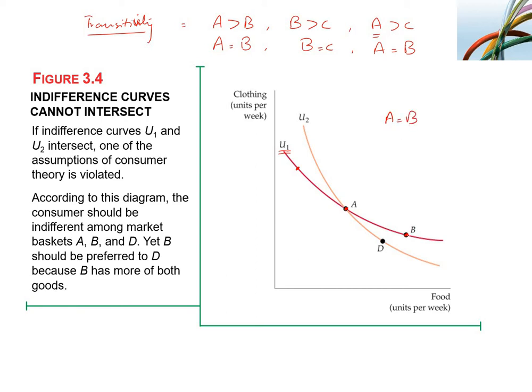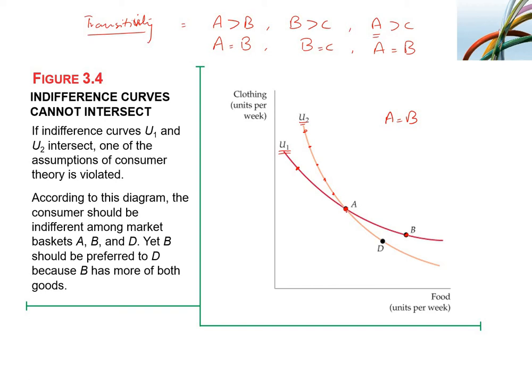But if you focus on the next indifference curve, U2, A is also available on U2, and every point lying on this indifference curve is giving equal benefit to the consumer.